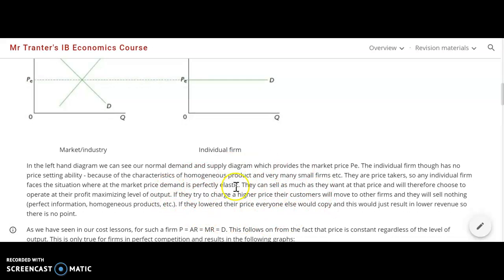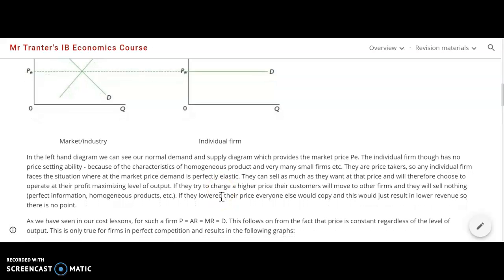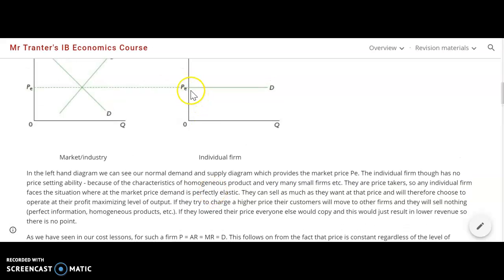All right, so have a read through those and you can see the key point is, if they put their price up higher, no one would buy their products because everyone else in the market is charging a lower price. And as all the products are identical, there is no advantage to them trying to charge a higher price.